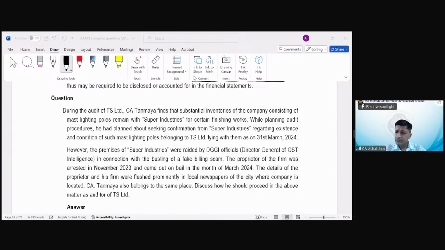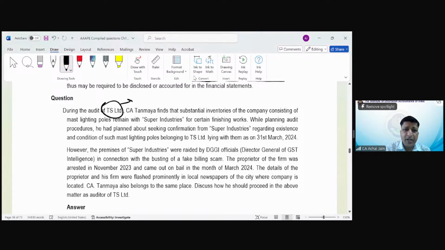Sir, here the client is TS Limited. Super Industries is a vendor for which some job work is required to be performed. Yes, Super Industries is a vendor of TS Limited.